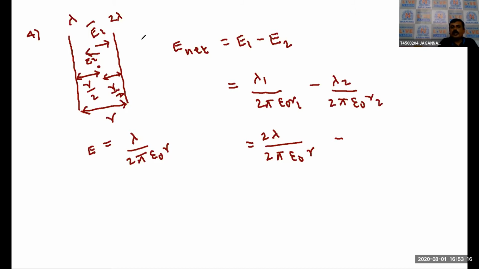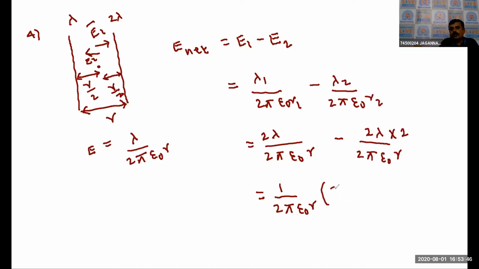Lambda 2 is 2 lambda. So this is 2 lambda divided by 2 pi epsilon naught into R by 2. This 2 will go, so into 2 will come here. So what is the value of this one? This is 1 by 2 pi epsilon naught into R, which is common.